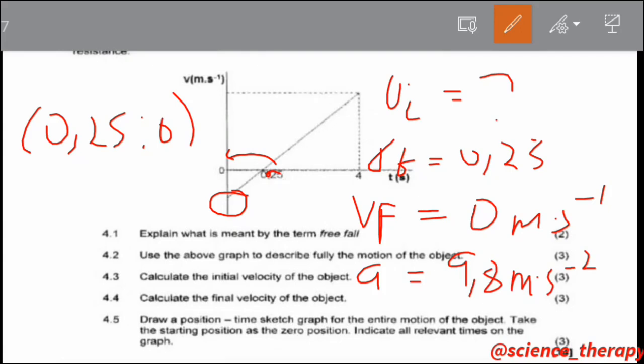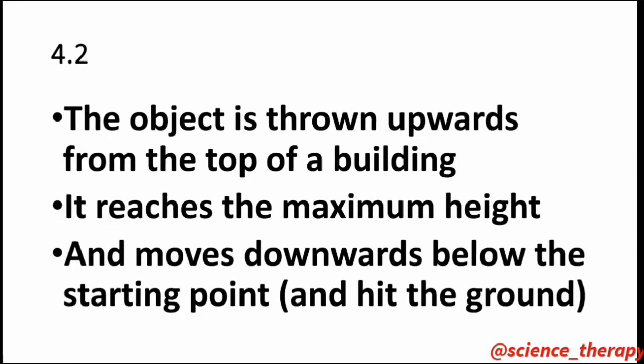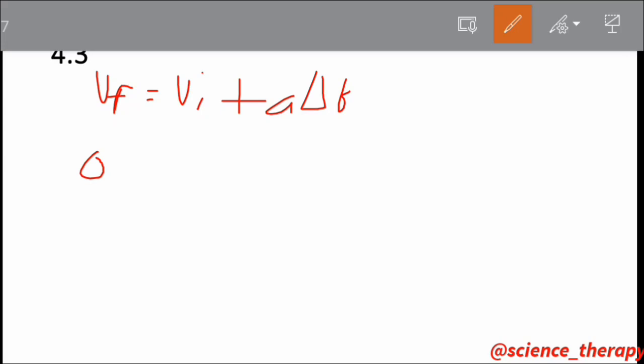That is enough for us to calculate the VI, choosing the first formula, which is VF equals VI plus a change in t. Then we say, what is our VF? Our VF is equal to 0. Remember, we are taking it from the moment it is projected up until it reaches the maximum height.